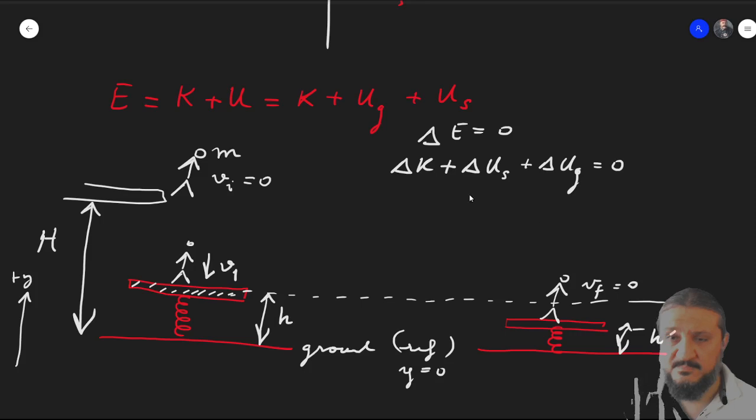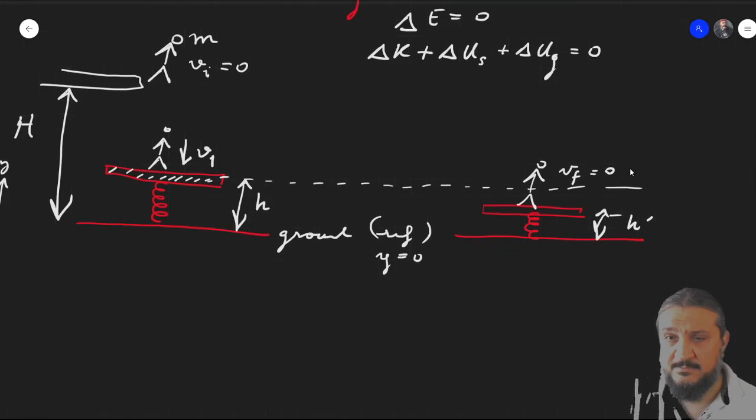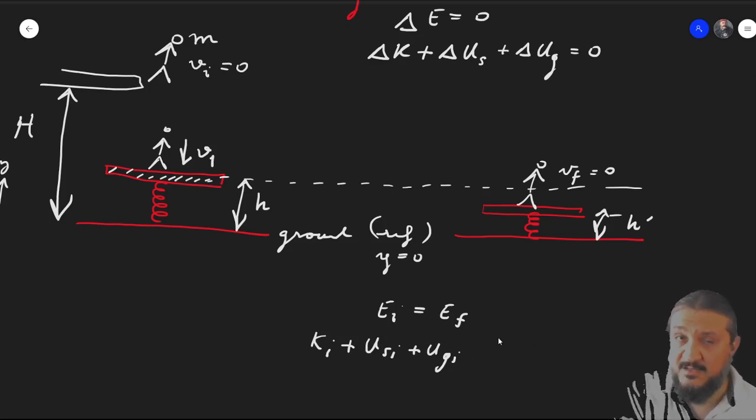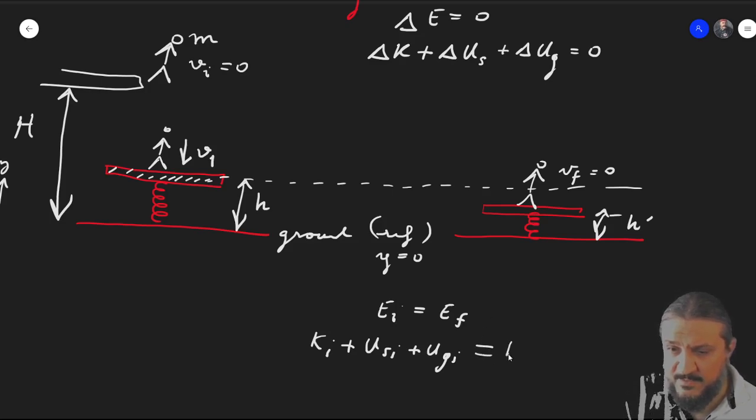Or you can write it as E initial equals E final, and this means K initial plus U_S initial plus U_G initial, where G and S stand for gravity and elastic, is equal to kinetic energy final plus elastic potential energy final plus gravitational potential energy final.